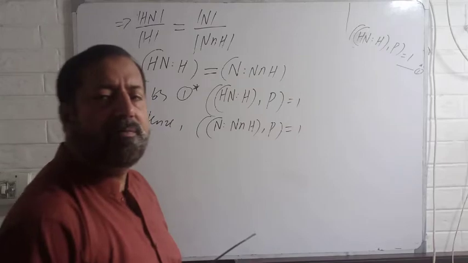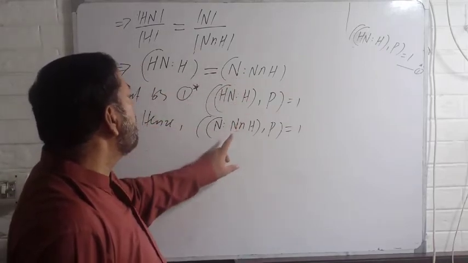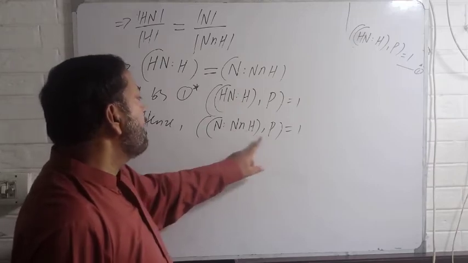Okay, we have established very easily that since both are equal, the index of N intersection H in N is prime to P.